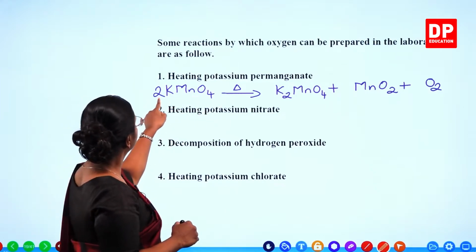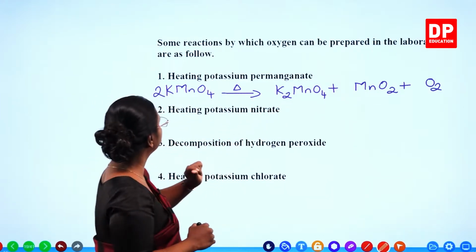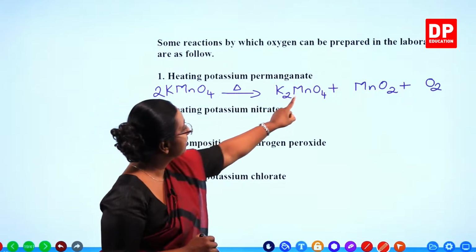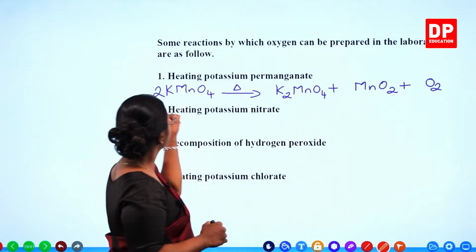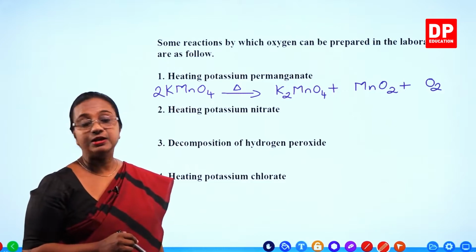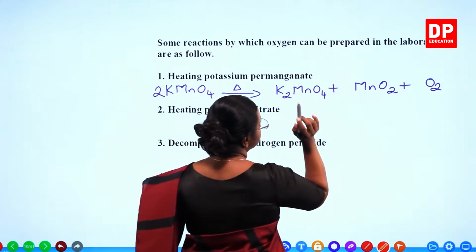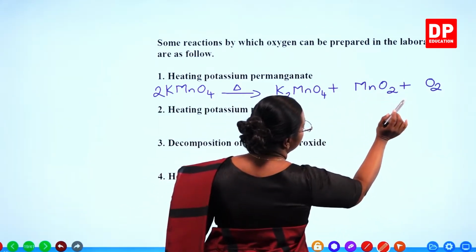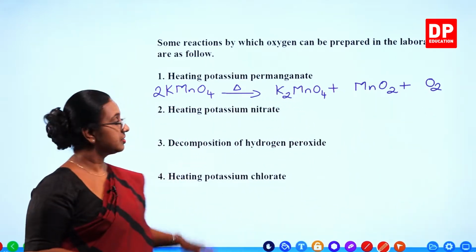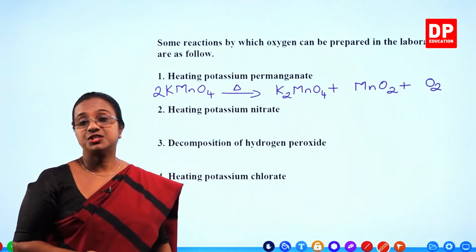Now, if you check, there are 2 potassium atoms, 2 manganese, then there are 2 into 4, 8 oxygen atoms. Here you can see 4 oxygens, 2 oxygens and 2 oxygens. So now the reaction is balanced.